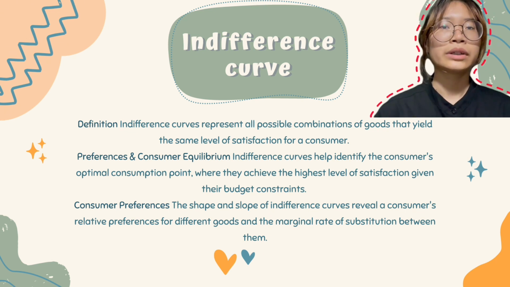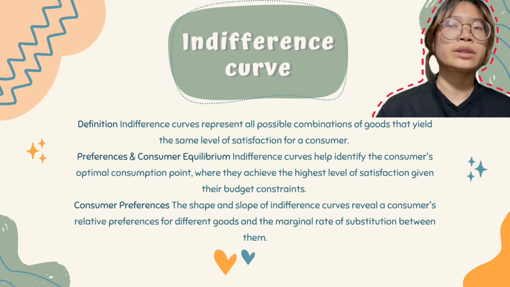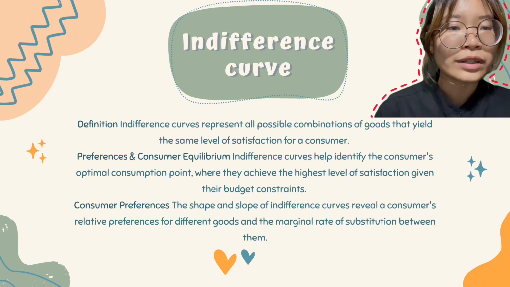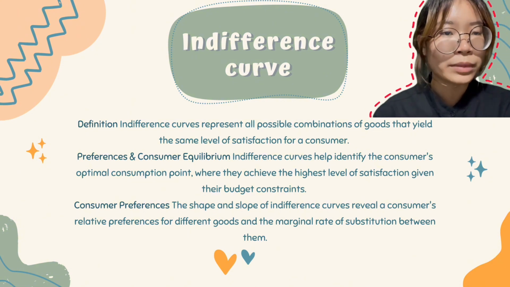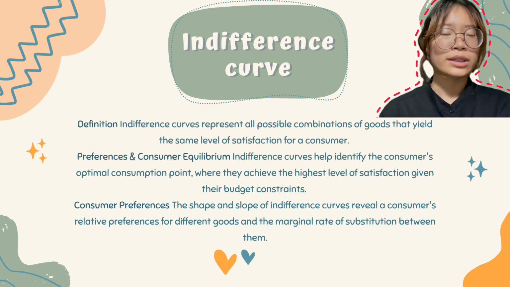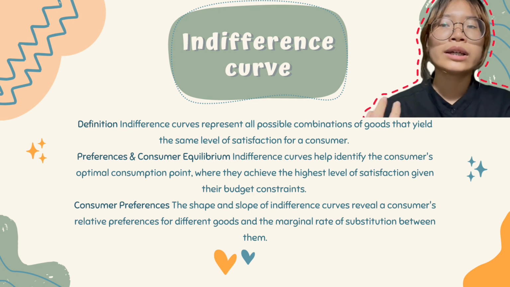We call it a map because it uses the same principle as a topographical or contour map, in which each line shows all points with the same height or elevation.